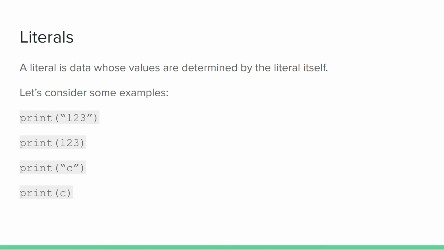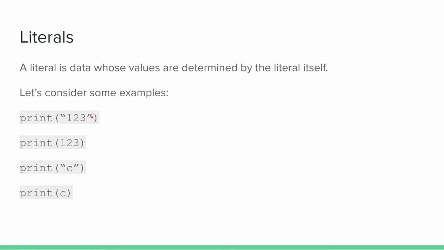As you can see, if we have something like 1 2 3 in a string, it is not the same as 1 2 3 without string. The 1 2 3 without string is a number, while the 1 2 3 inside a string is a string.